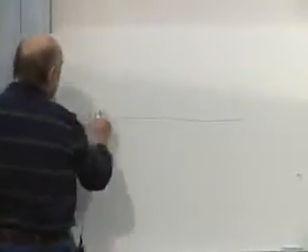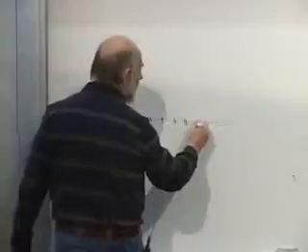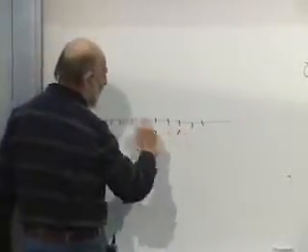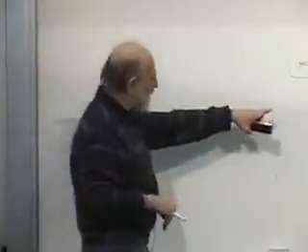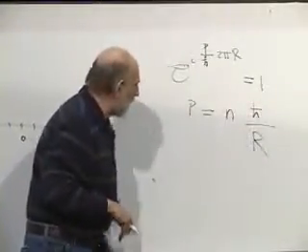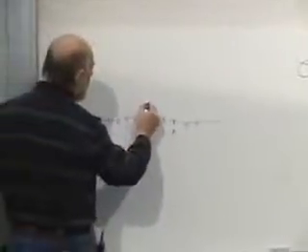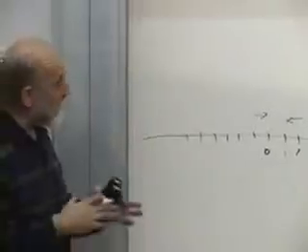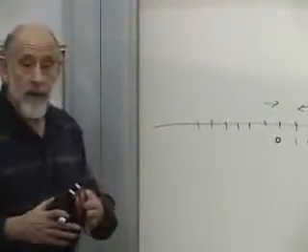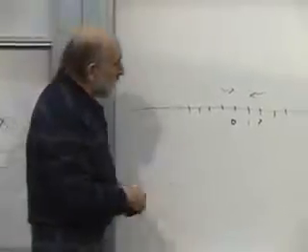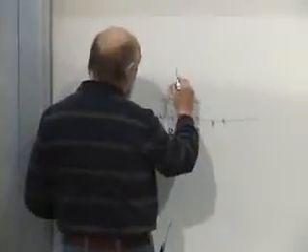Here they are. They're discrete. n equals 0 could be over here, n equals 1, n equals 2, but the values of p are n times h bar over r. So the separation between different values, this is not a separation in space, it's a separation of the possible values of momentum. They're separated by an amount h bar over r.